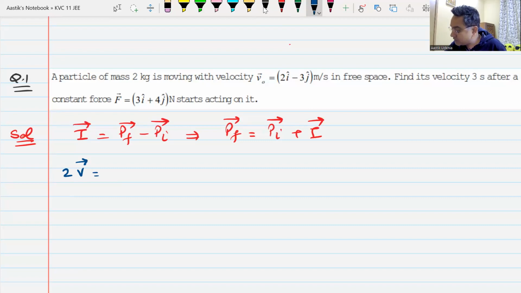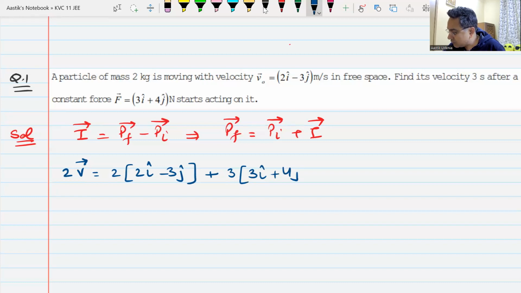That should be equal to initial momentum, 2 into (2i minus 3j), plus the impulse. Impulse is force into time, 3 into (3i plus 4j). You just have to multiply and divide. The final velocity v is going to come as 6.5i plus 3j.